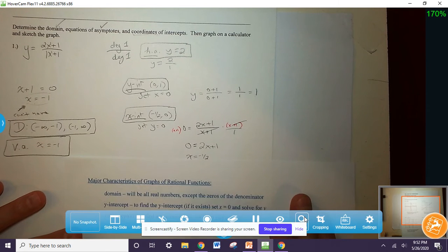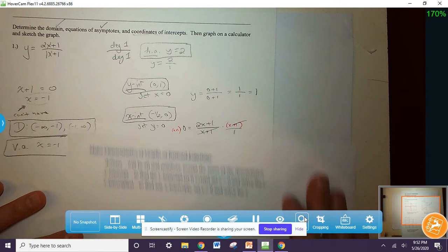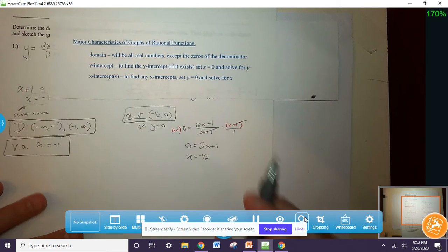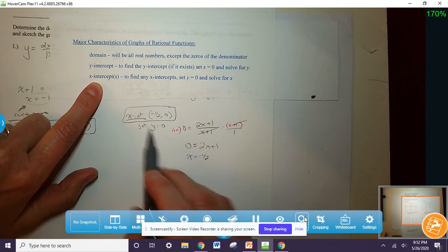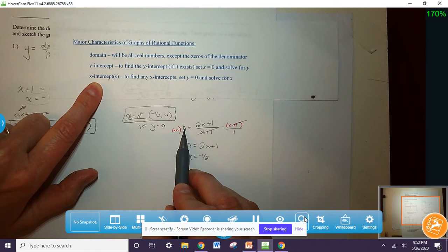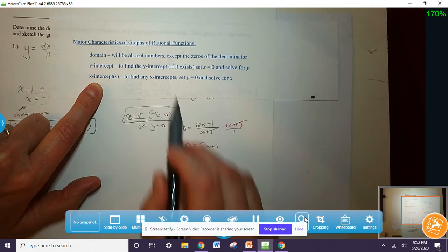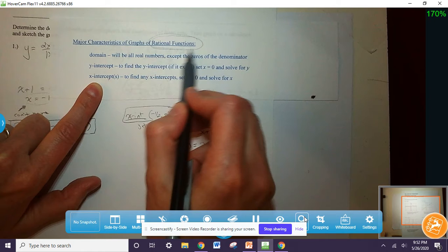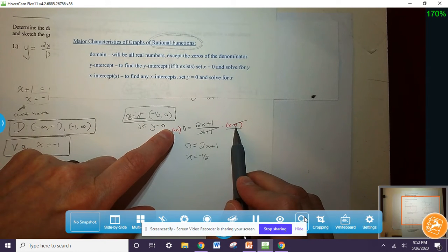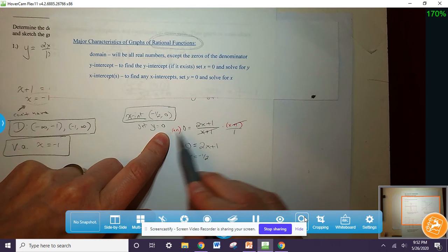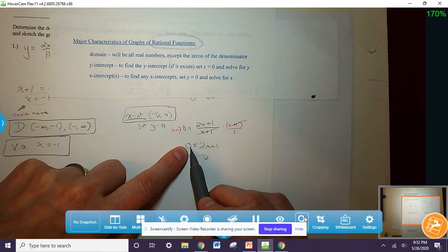And just to note, a potential shortcut for you if you do notice this. When you go to find the x-intercepts, when you set y equal to 0, what's going to happen every single time with a rational function is that when you multiply both sides by the denominator, it's going to reduce, and the left-hand side will stay 0, or the right-hand side, wherever the 0 is.